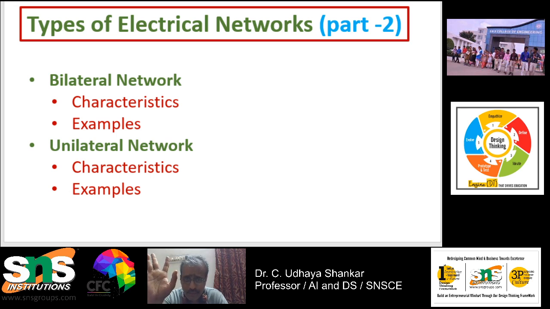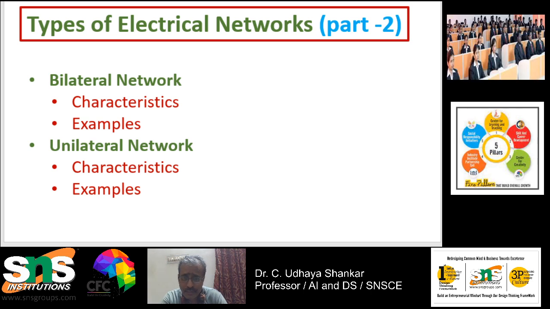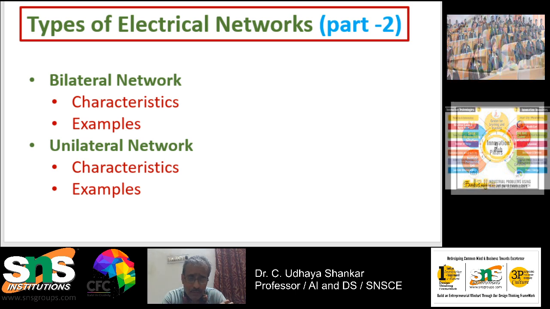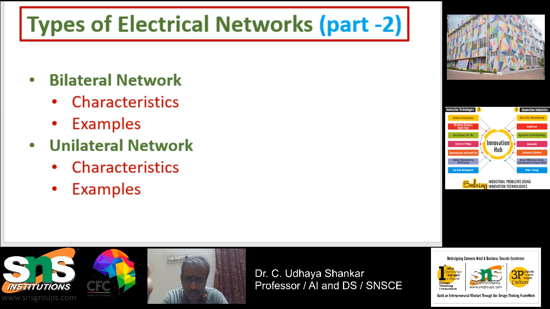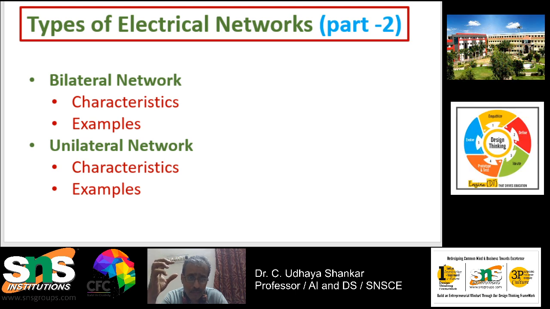Is it clear? For example, if I am passing the current from left to right, it should produce the same output result. Or if I am transferring the current from right to left, then also it has to produce the same result. In that case, that particular network is called a bilateral network.